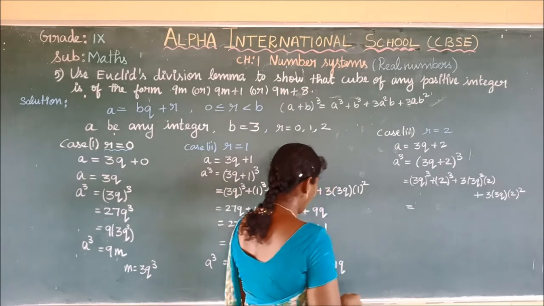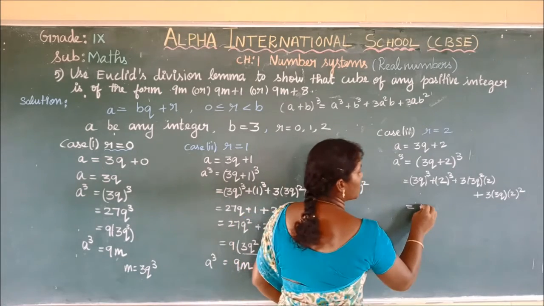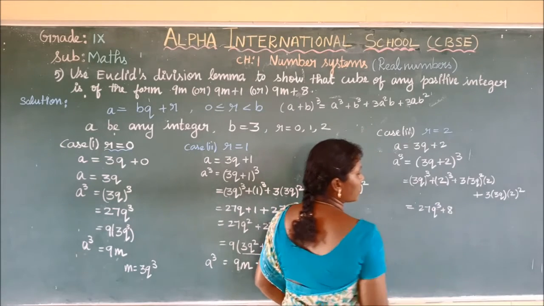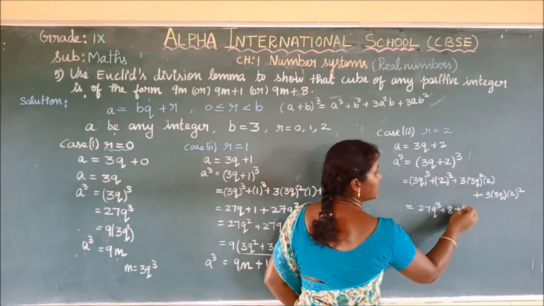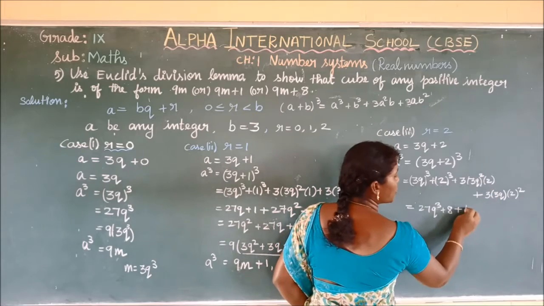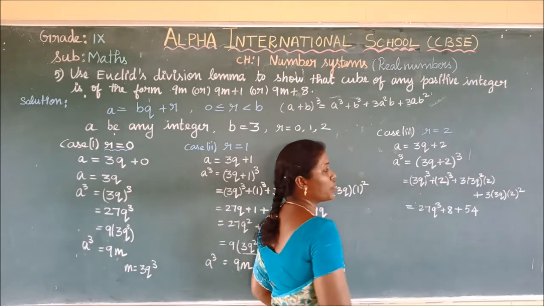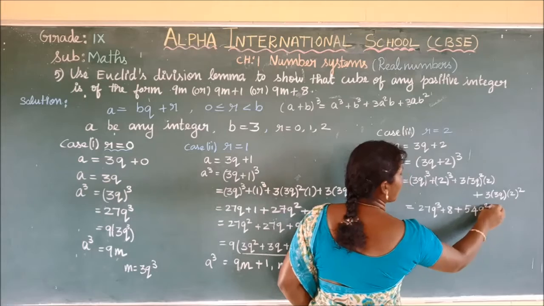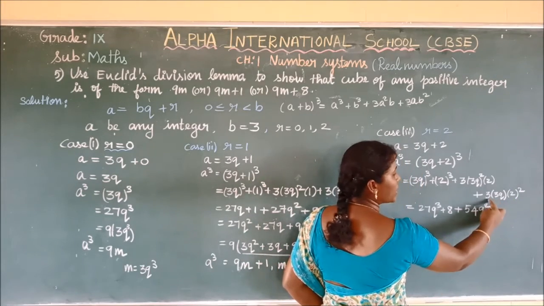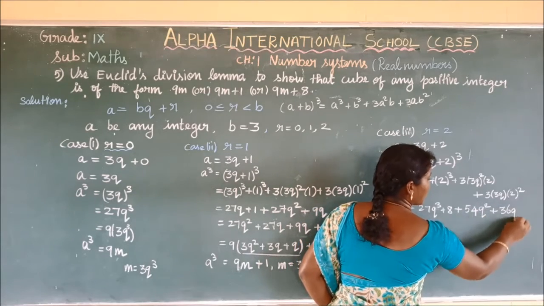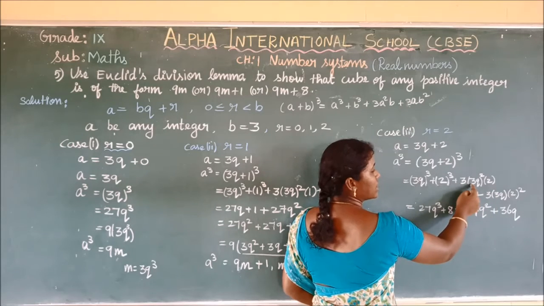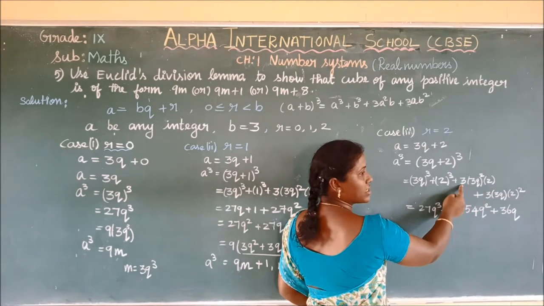Now solve and find the answer here. So 27 q cube. Here 2 cube is 8. The value of 2 cube is 8, plus here 3 3s are 9, 9 3s are 27, 27 into 2 is 54 q square, plus 2 2s are 4, 4 3s are 12, 12 into 3 is 36 q. Just multiply the numbers and take the variables along. So see here, if you take square, 3 3s are 9, 9 3s are 27.